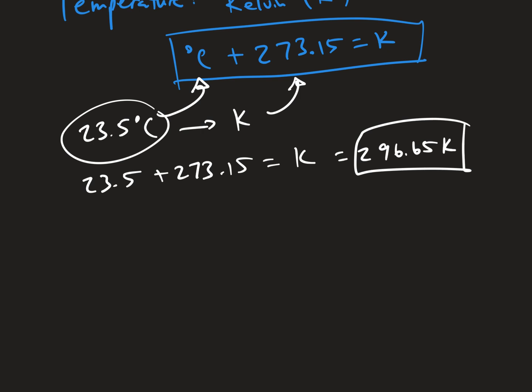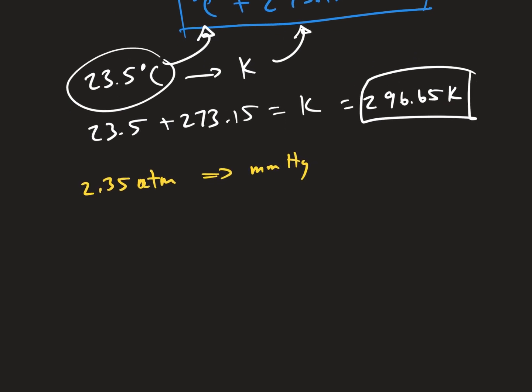Then let's go ahead and do the next one. If we have 2.35 ATM, atmospheric pressure, and we've got to convert this to millimeters of mercury. So we're going to start with what we know, 2.35 ATM, and we're just going to convert using dimensional analysis, okay? We don't want ATM, so that goes on bottom.